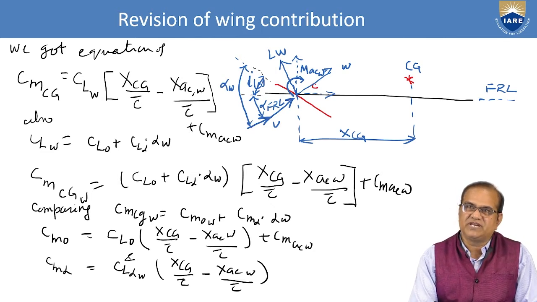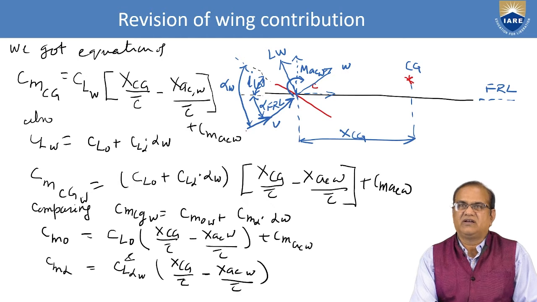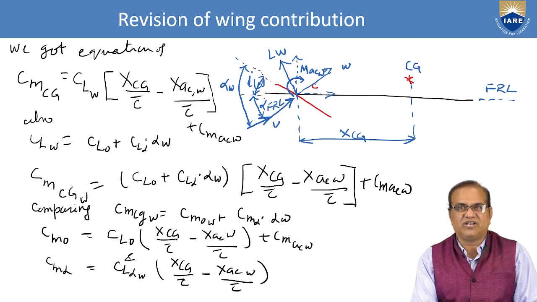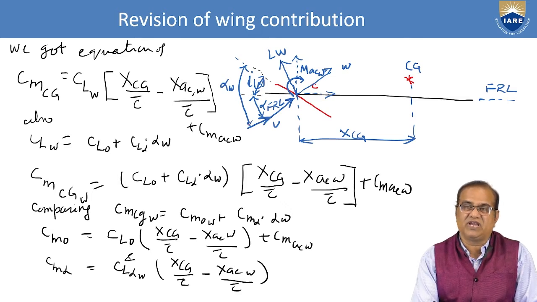Here the free stream wind direction V is shown, and it makes an angle alpha FRL from the horizontal. From the chord, the angle of attack of the wing is called alpha wing.